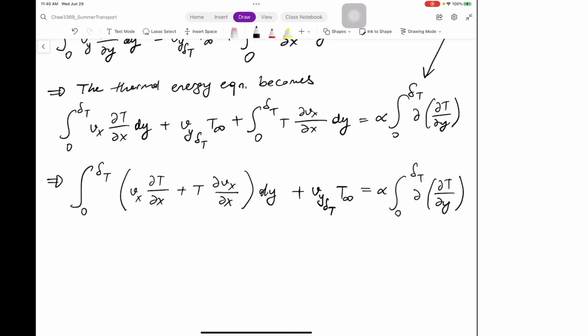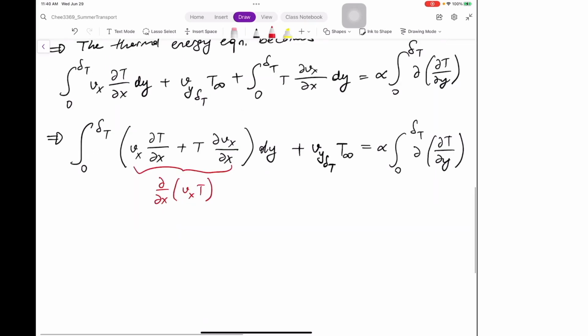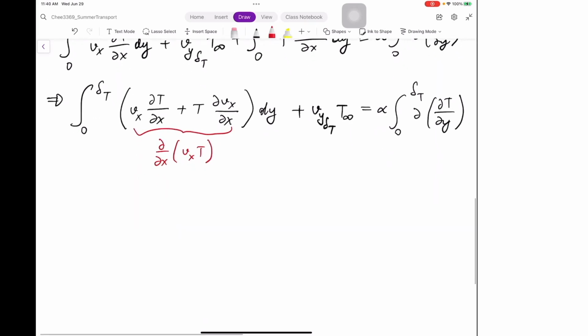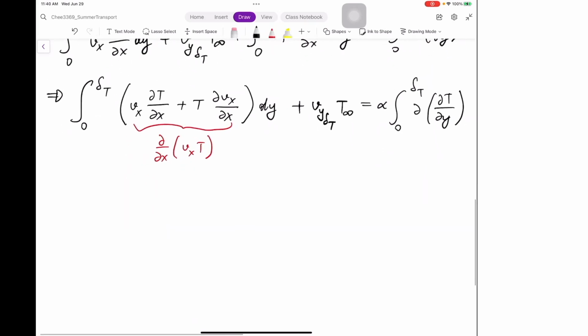And this one, as you know, is the chain rule, the product rule, right? It's the derivative of the multiplication of Vx and t. So you can write in a more compact form.